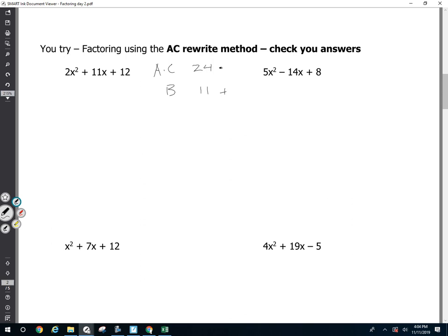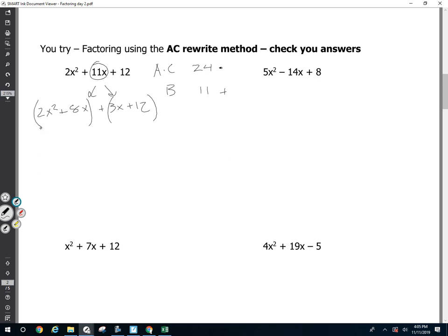Okay. Take the middle term, turn it into 8x and 3x. Doesn't matter the order in which you do it, but just for everybody to follow along with me, let's put 8x first and 3x second. Then, two groups of 2, factor out the greatest common factor.